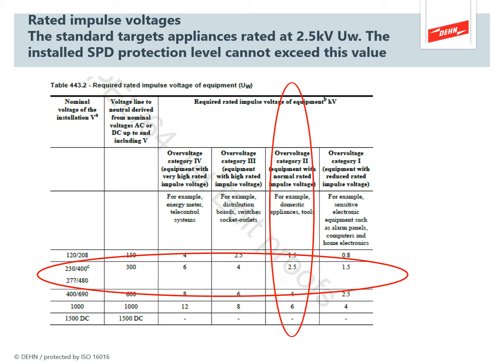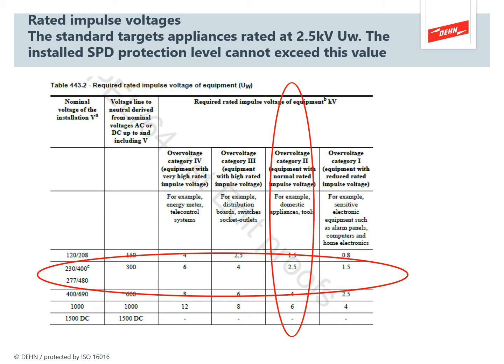The fixed wiring installation and distribution boards are rated at 4 kV. We're interested in protecting appliances, equipment, tools, stuff like that, and that is rated at 2.5 kV. So the whole point of the SPD is to make sure that the installation doesn't see anything higher than 2.5 kV, otherwise things are going to go bang.